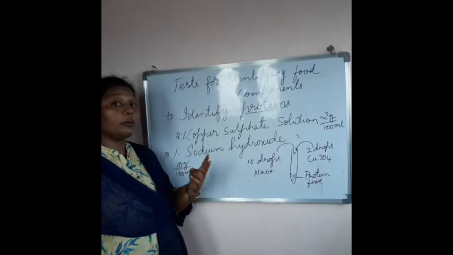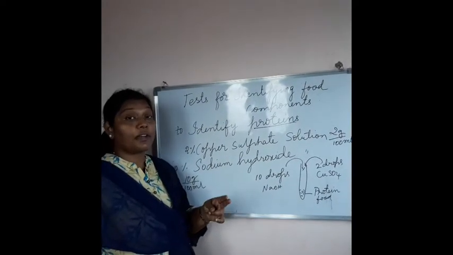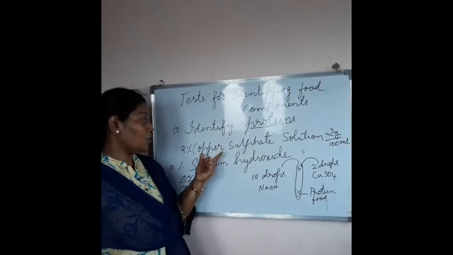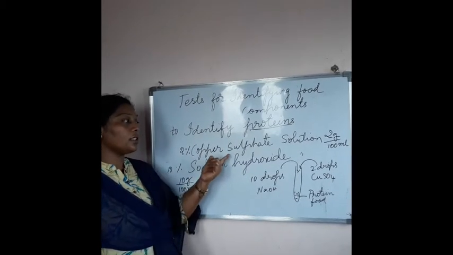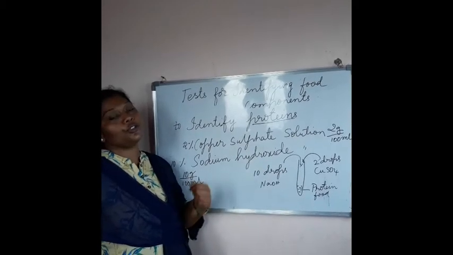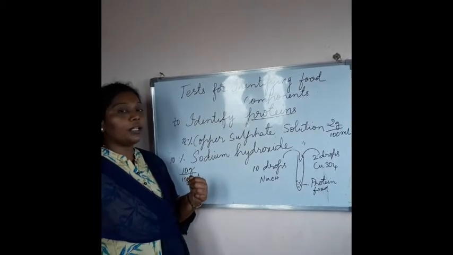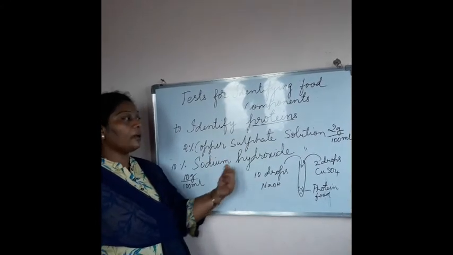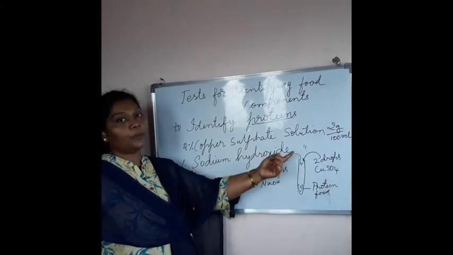These are the two important solutions to identify the presence of proteins in one's food. So what are those, children? Copper sulfate solution, sodium hydroxide solution. Repeat them, children.